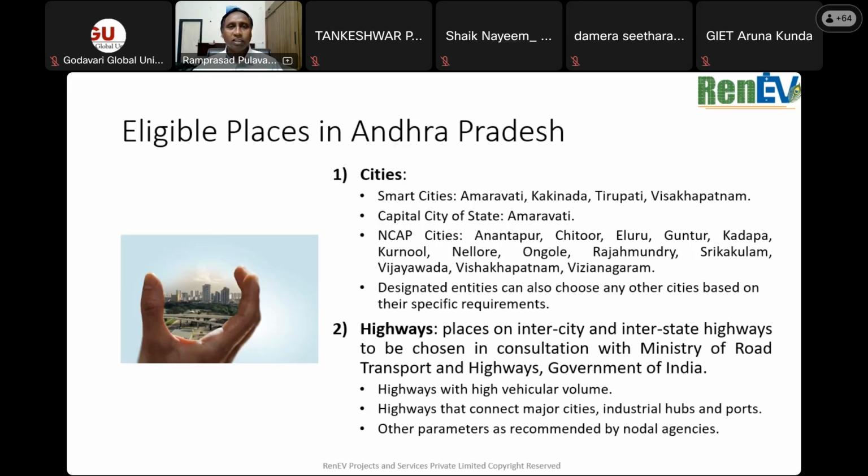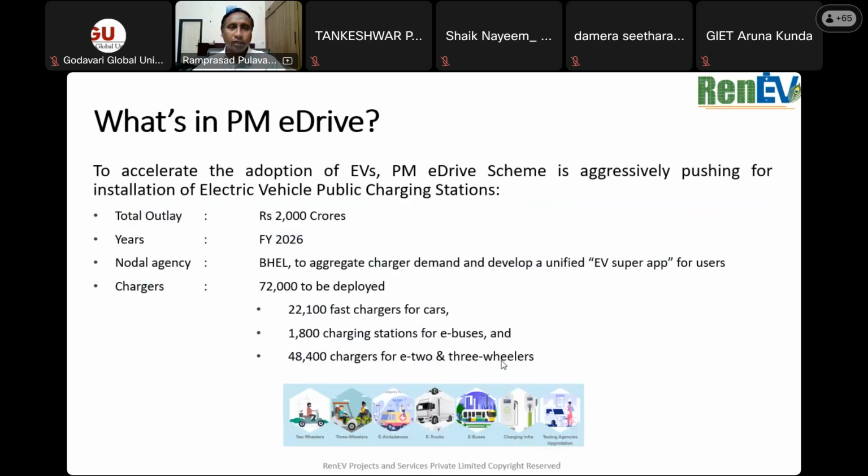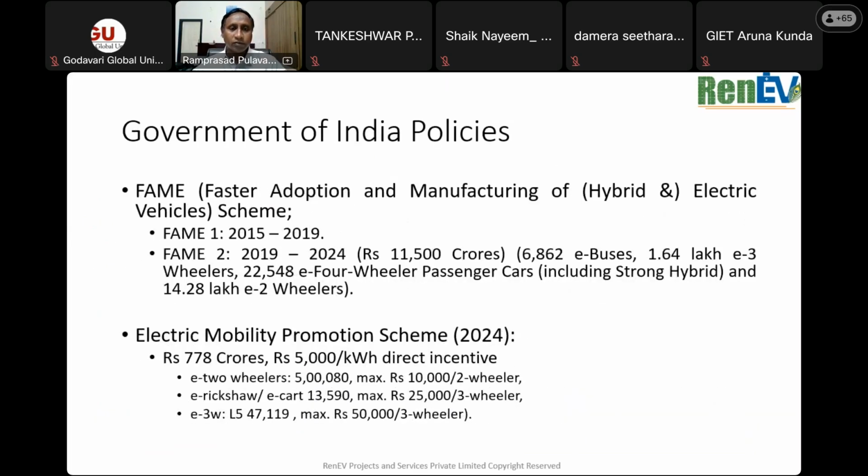Until this particular place, we have seen what the Government of India policies are. Let us recap once what the different policies of Government of India are. First one is, like Dr. Subramanian Garu said, FAME, which was previously there. Then there is the e-mobility promotion scheme.